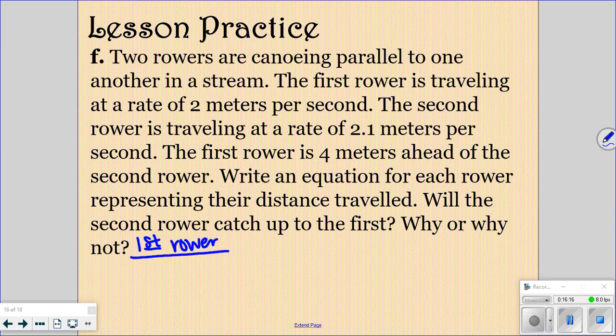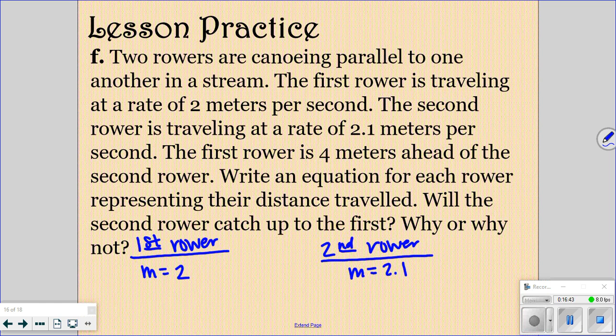His rate is 2 meters per second, so that's his slope. And then the second rower is traveling at a rate of 2.1, because that's what his rate is. So that's the first thing you want to do, set up your slopes.